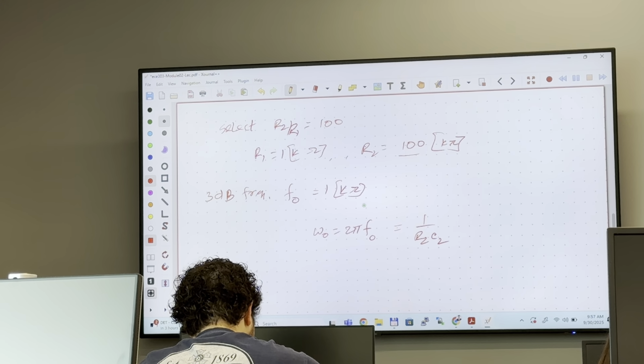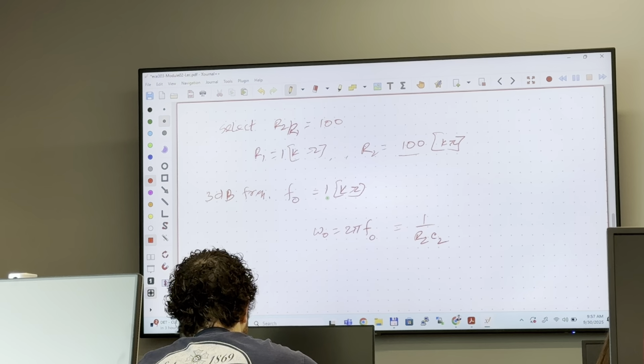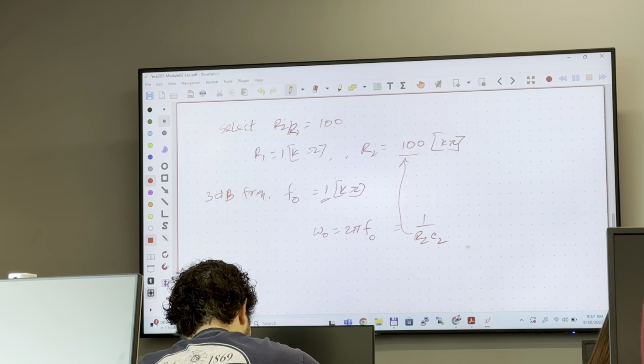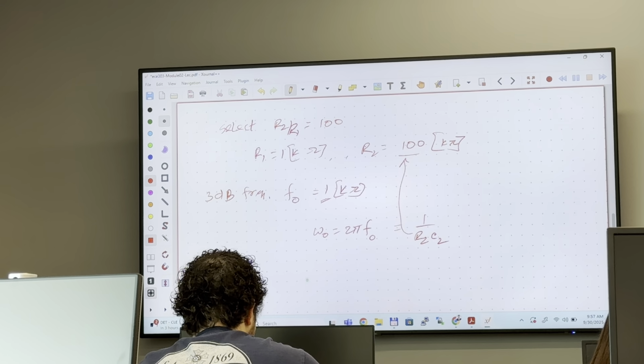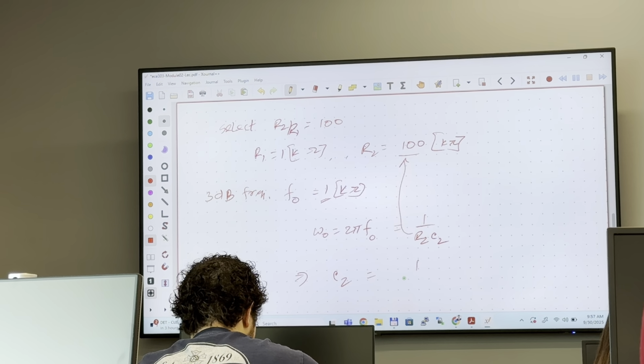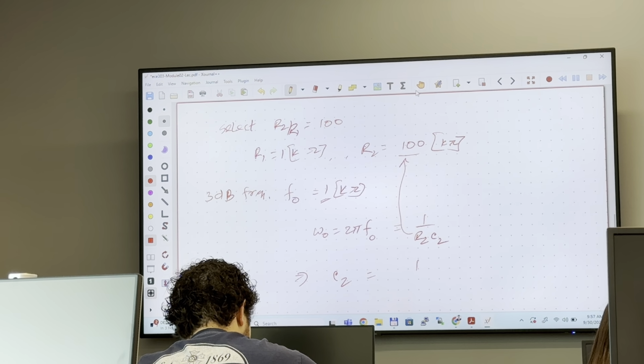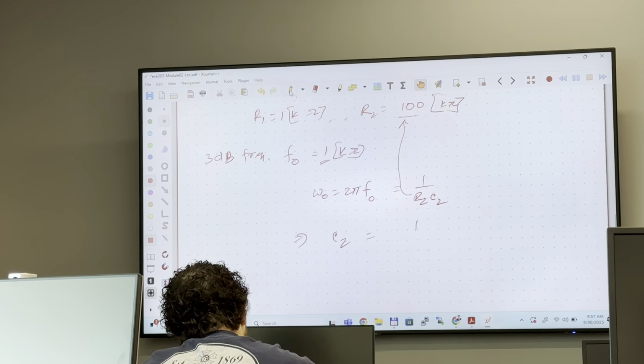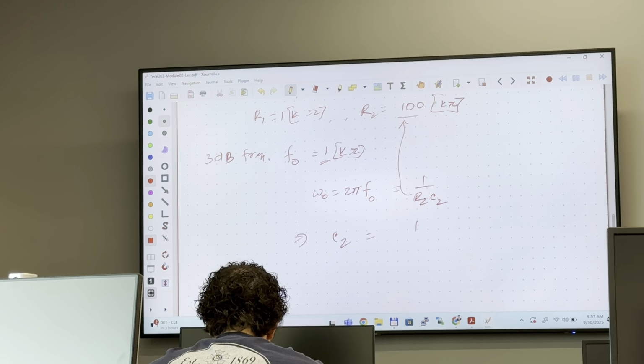We want F0 to be 1 kilohertz, and R2 is already 100 ohms, so you can find C2. The author has written the values directly; I'm just showing where they come from.